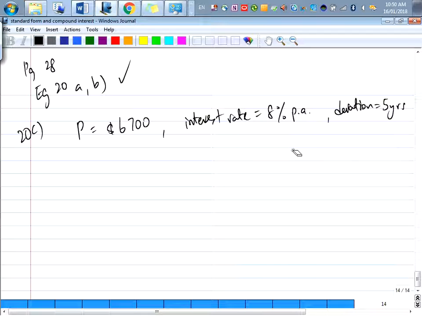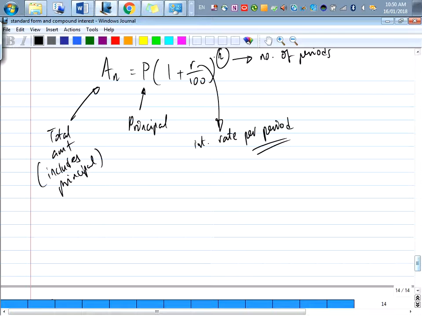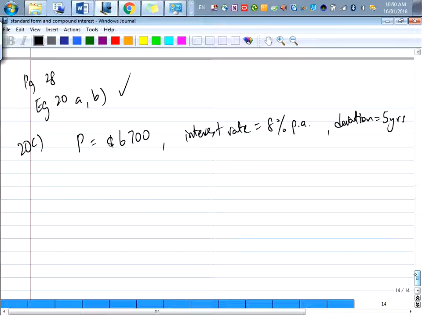Okay? So P, we have it already. In our formula, we still need the values for R and n. So R being the interest rate, how much would that be? It will be 8 divided by 12, because 8% per year.